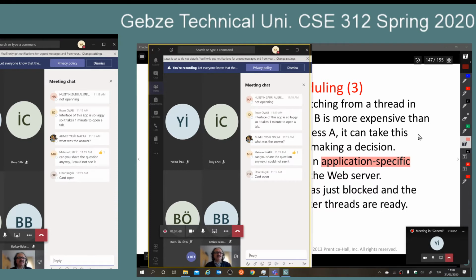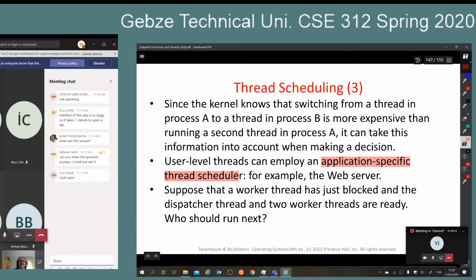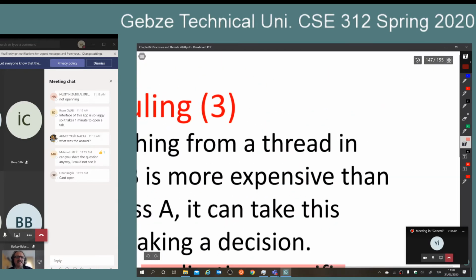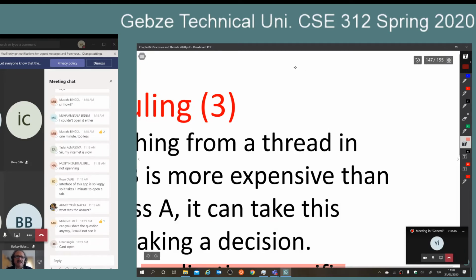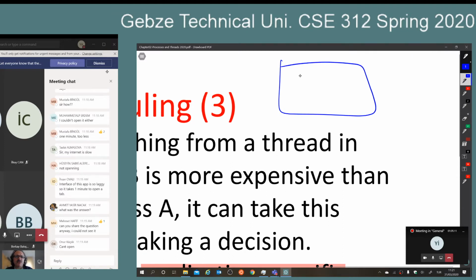Okay, the question is this. I have a web server. Remember the web servers? We said that this is my web server. Inside my web server, I have a dispatcher thread.